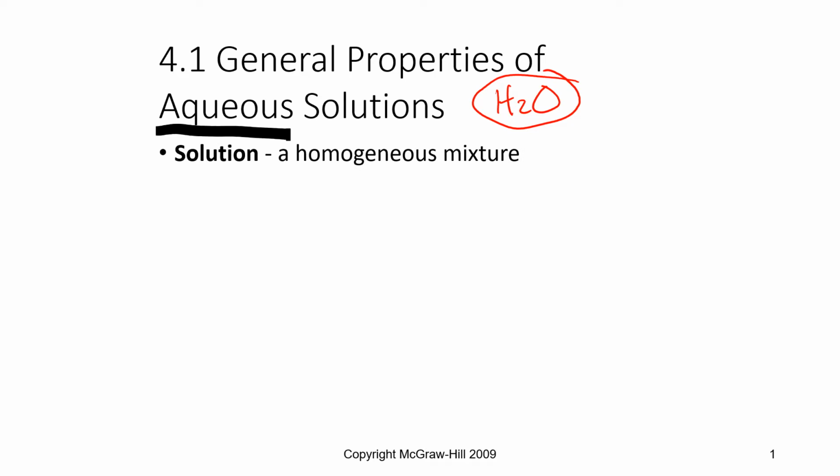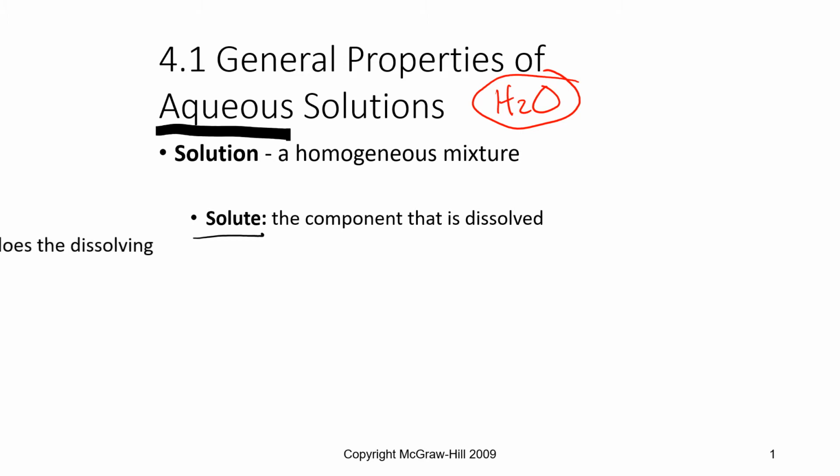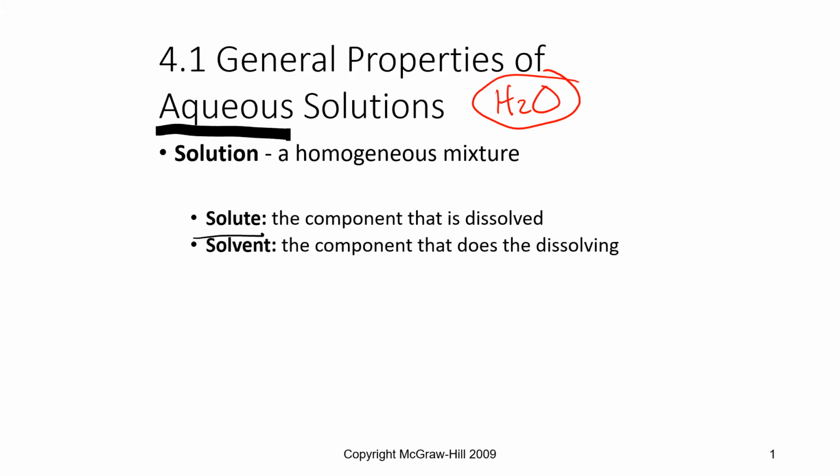A solution is a homogeneous mixture. So whether we're dissolving a solid or liquid, once it's dissolved and mixed, it looks like one thing. Solutions are composed of two things: the solute, which is the substance that is dissolved in the water when we're talking about aqueous solutions, and the solvent, the component or substance that's doing the dissolving.